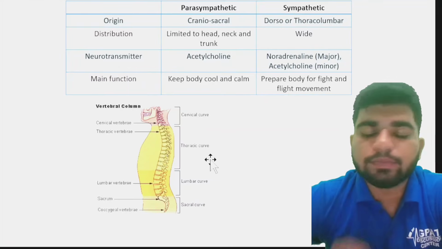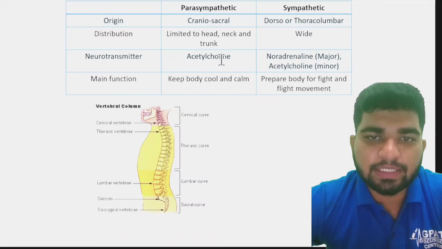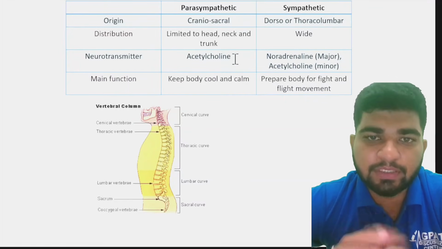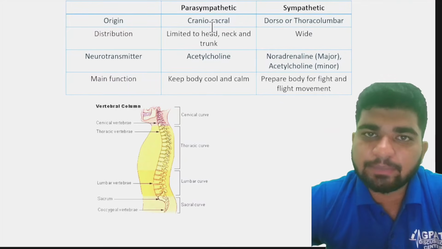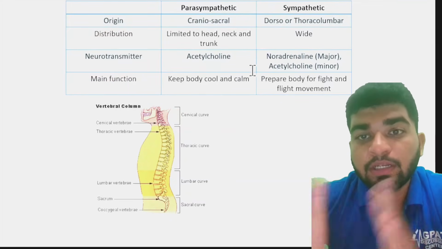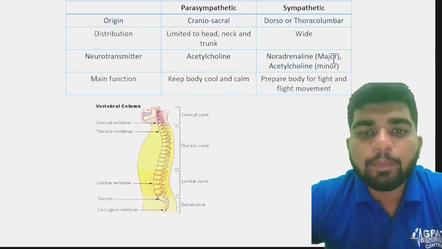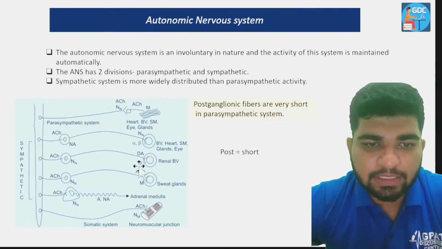The neurotransmitter acetylcholine as a primary response comes under the parasympathetic nervous system. But if we talk about the sympathetic nervous system, at the nerve ending, noradrenaline will be the major neurotransmitter. If you can see here, noradrenaline.